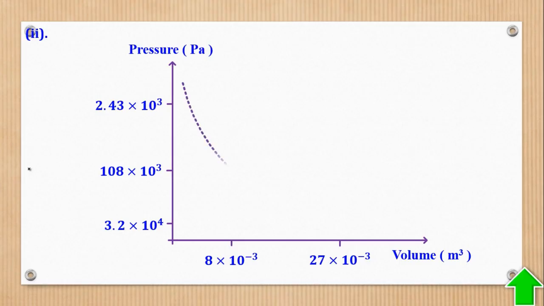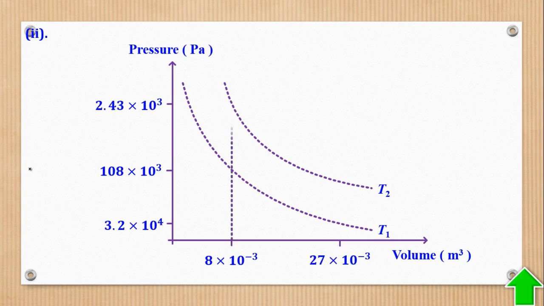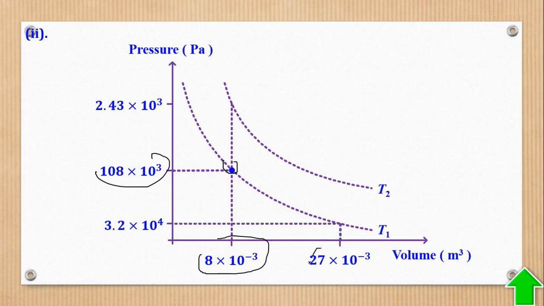Then you draw the isothermal curves for two different temperatures because there was an adiabatic compression. Then initially, V was this and P was this. So we have that point. After the isothermal expansion, V was this, P was this, like that. Isothermal means constant temperature, therefore it will move from here up to here. So let's draw that curve.